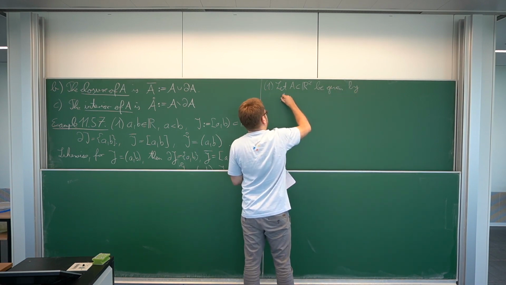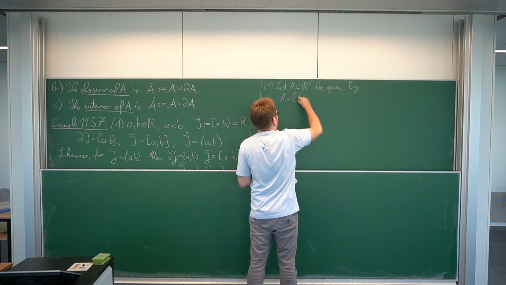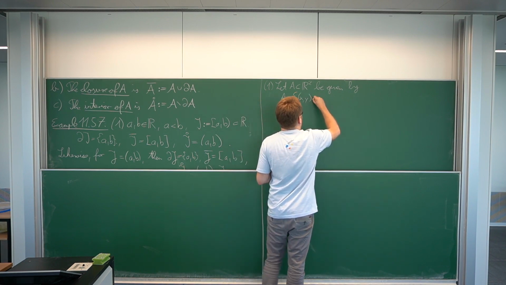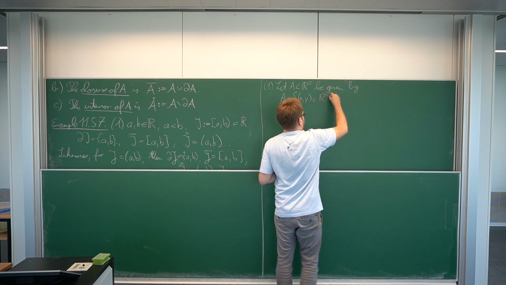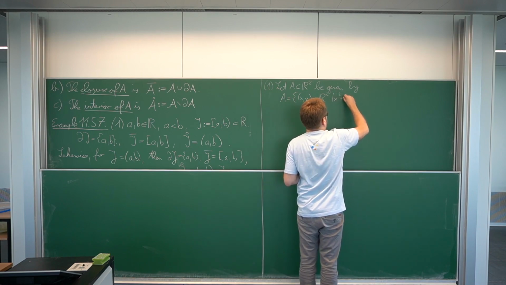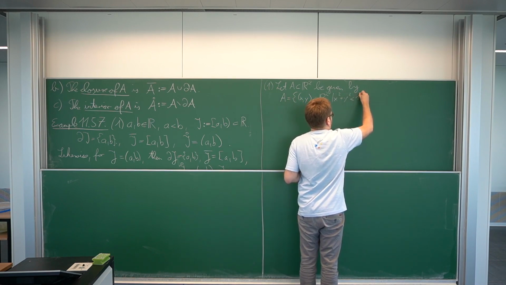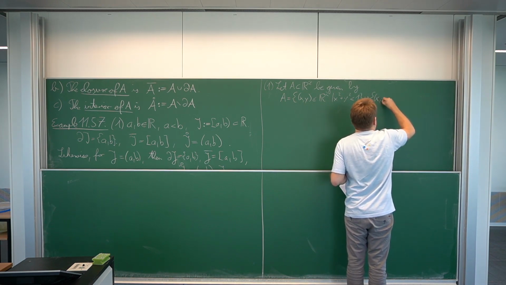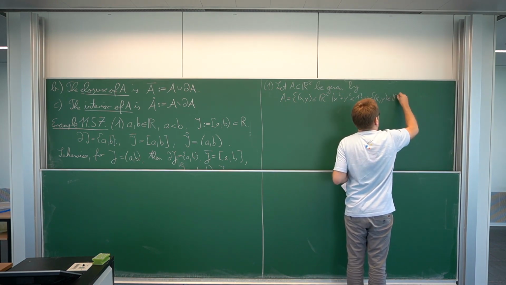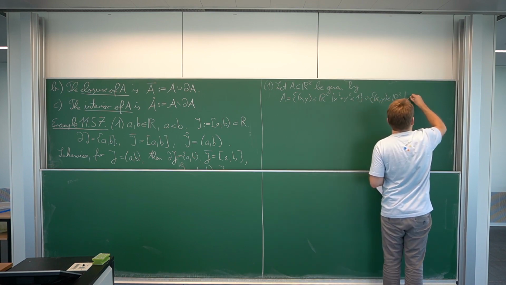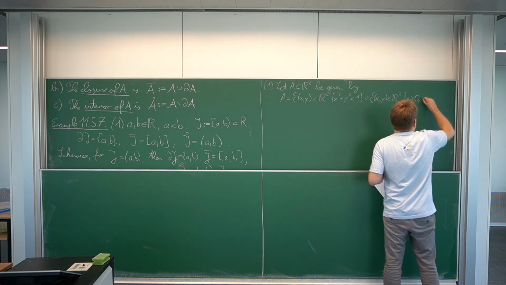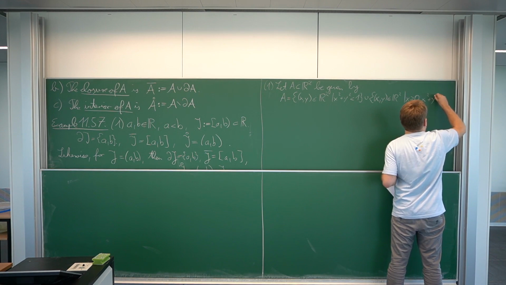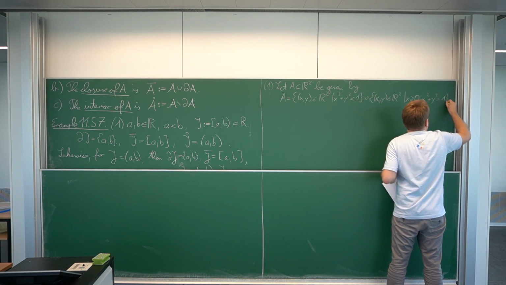A is the union of all (x, y) in R^2 which satisfy x^2 + y^2 strictly smaller than 1, united with the set of all (x, y) in R^2 for which x is non-negative and x^2 + y^2 equals 1.